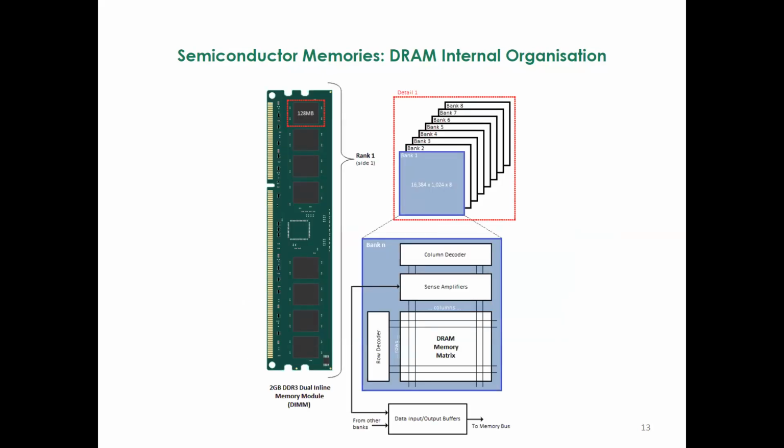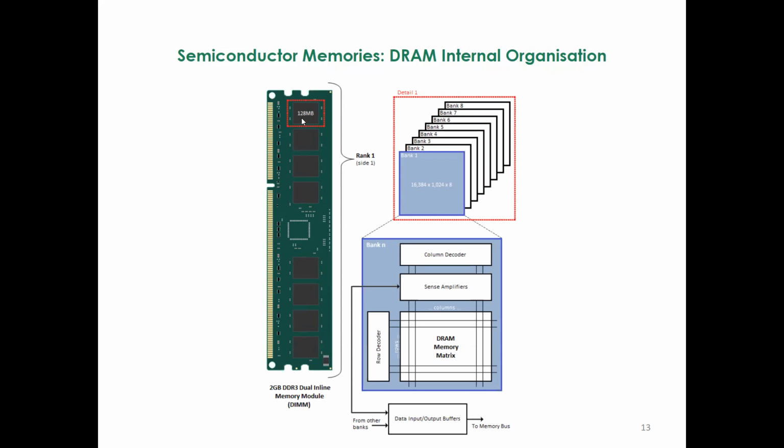Same thing here, a bit more close lookup. This is your 2 gigs DDR3 RAM, built from 8 128 megabyte chips, where each of them, from rank 1, they have multiple banks.